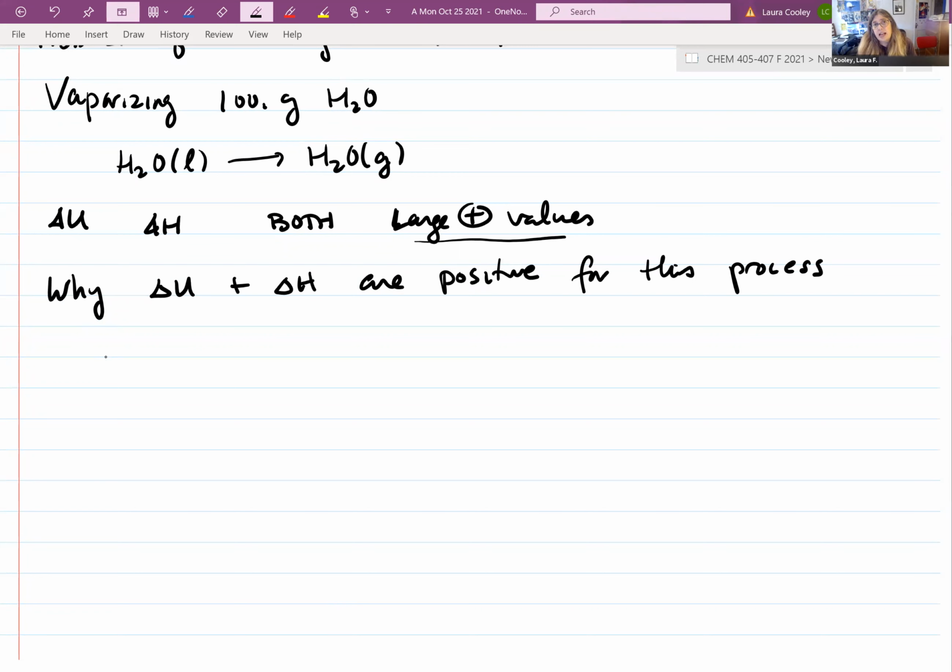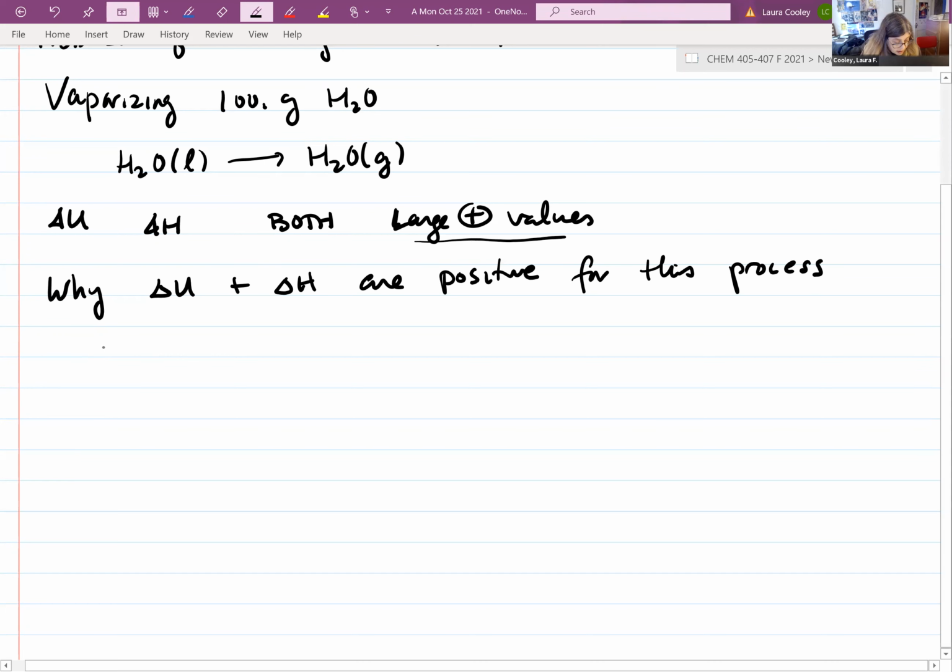And this is a stabilizing interaction. These are attractions. So molecules come together, they attract one another, and that's stabilizing. And so that's a lower energy situation than when molecules are separate and not attracting each other at all. So it's perfectly understandable why delta U and delta H would be positive for vaporizing water.